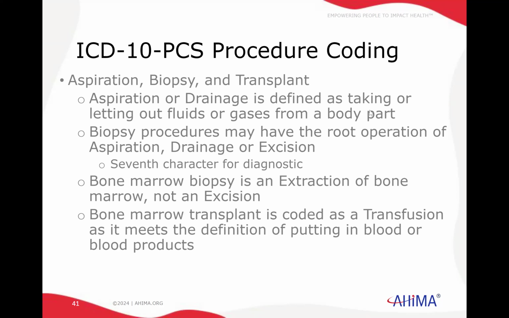Aspirations are different than other types of biopsies, and aspiration is basically taking or letting fluids or gas come out of a body part. We also do biopsies, as we know, by excisions, where we're cutting out part of something. Bone marrow biopsies we think of as a biopsy, but when you get down to the root operation level, it's an extraction of bone marrow.